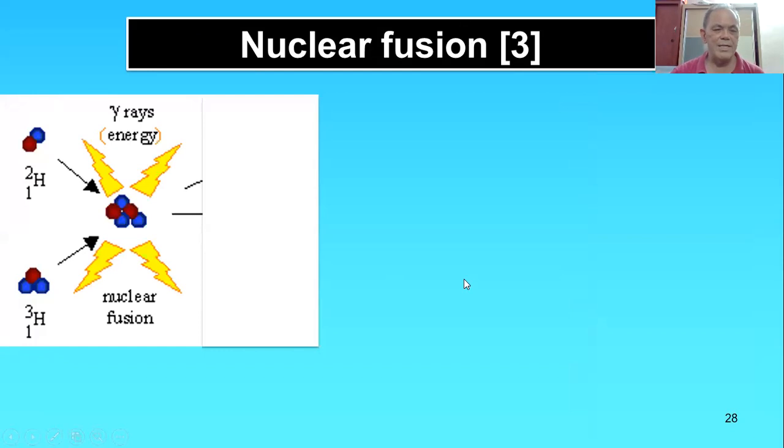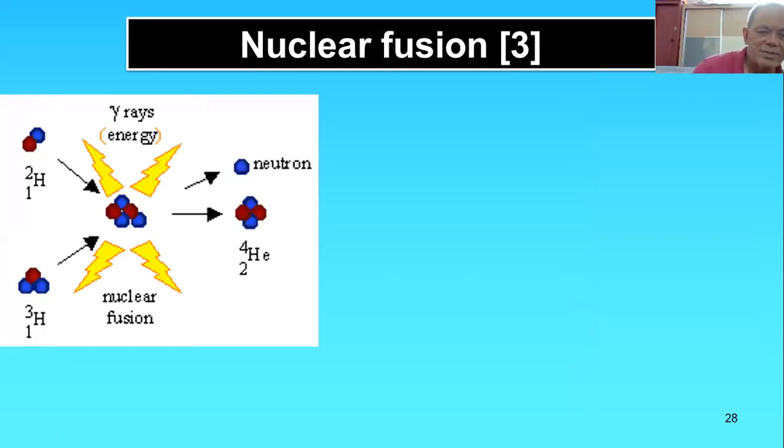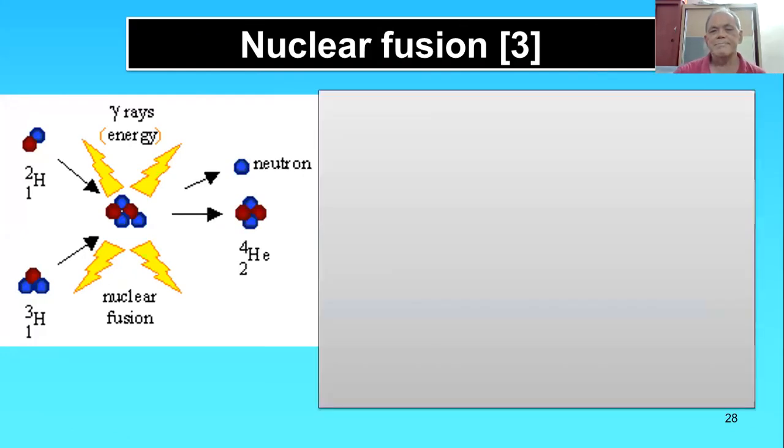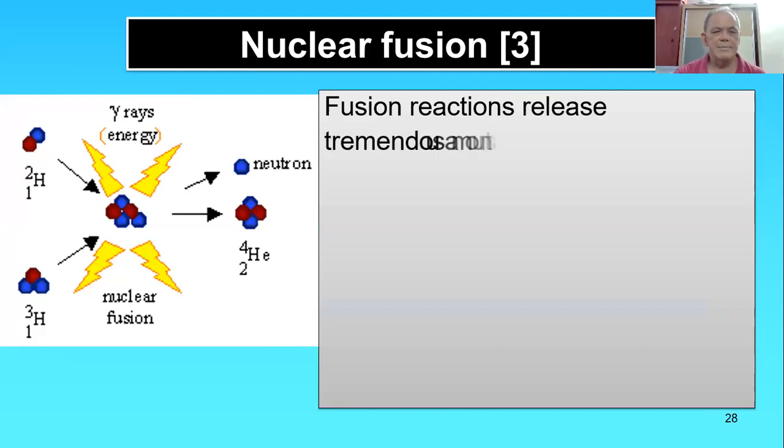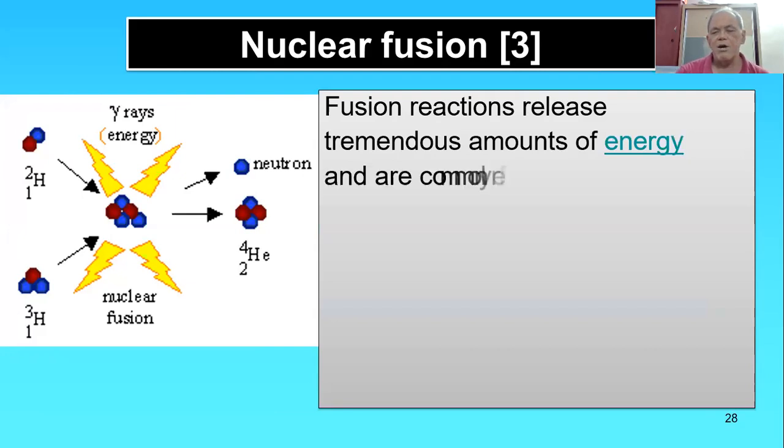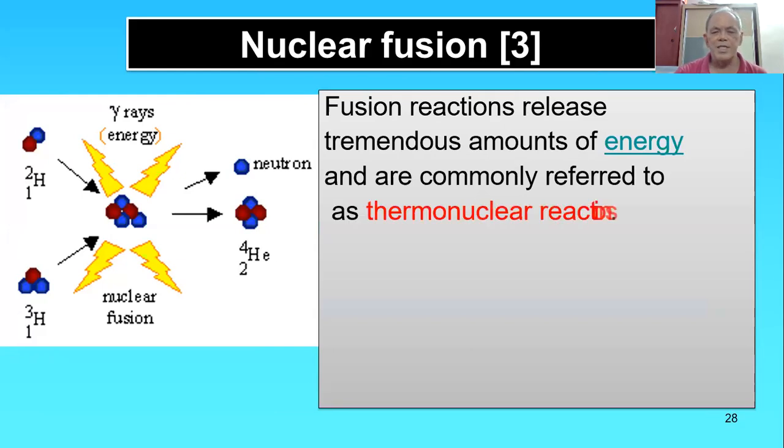We force them to collide. Remember, we force them to collide. Then the nuclear reaction produces. Right? A fusion reaction releases a tremendous amount of energy and is commonly referred to as thermonuclear because heat is involved.